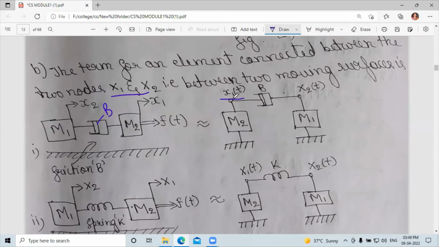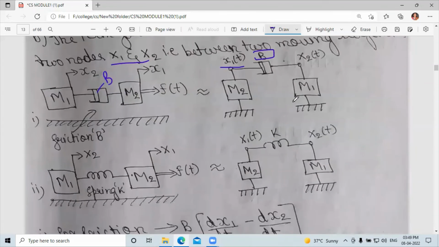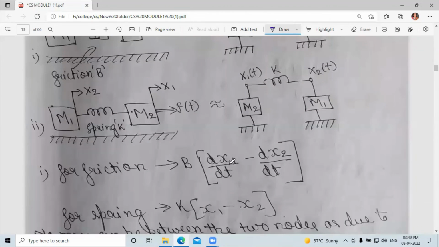So x1 of t is connected to M2 and to the friction, and x2 of t is connected to M1 and to B. So B is between x1 of t and x2 of t. The equation for friction is B times (dx1 divided by dt minus dx2 divided by dt).